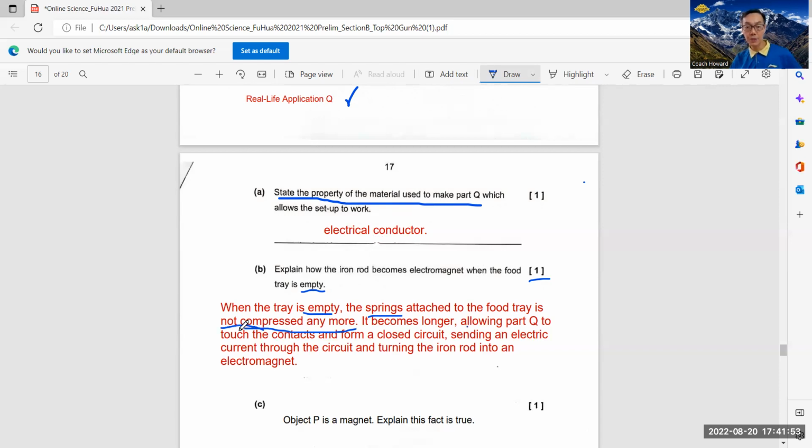You will allow part Q to form a closed circuit, magnetizing the iron rod, turning the iron rod into an electromagnet. So these are the parts where you get the 1 mark. It's not easy to get the 1 mark. So you must mention the closed circuit, and then the iron rod becomes an electromagnet.